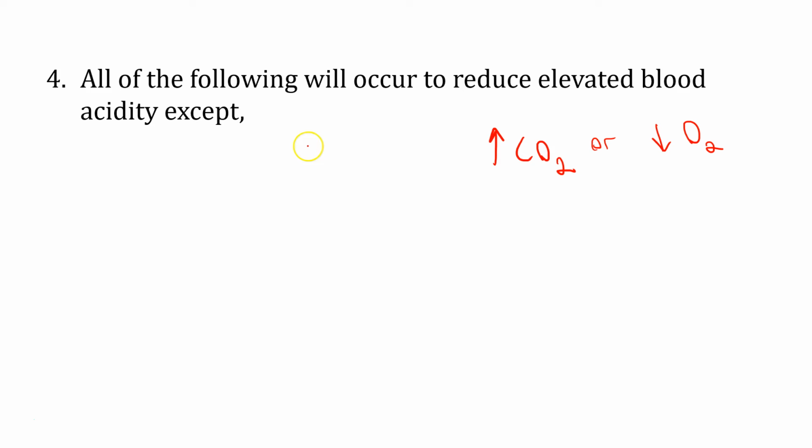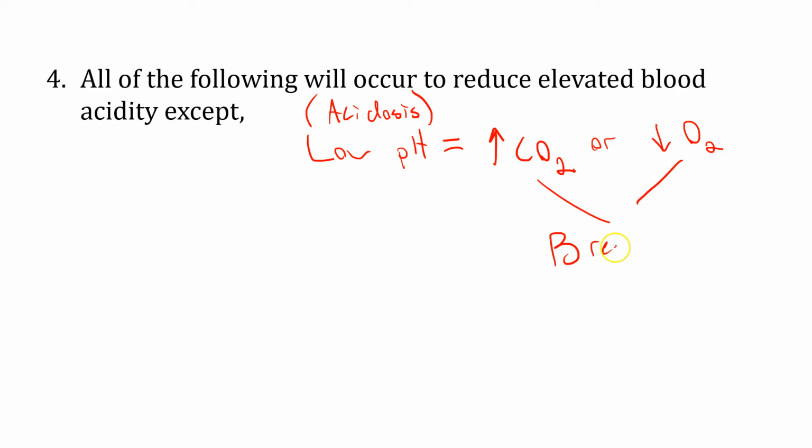Okay, so a low pH, which means acidosis or too much acidity, is because there's a buildup of CO2 or not enough oxygen. The remedy for both of these conditions is to breathe more.